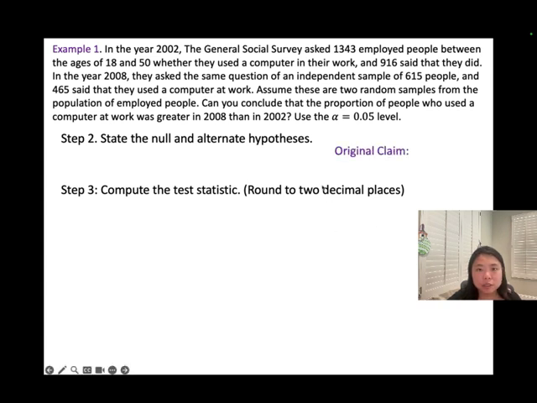The claim statement is the last sentence here: can you conclude that the proportion of people who use a computer at work was greater in 2008 than in 2002? So that will be p1 less than p2 here, because 2002 will be less than 2008. And this is going to be my alternate hypothesis. The null hypothesis will be the opposite of this, and it is a left tail.